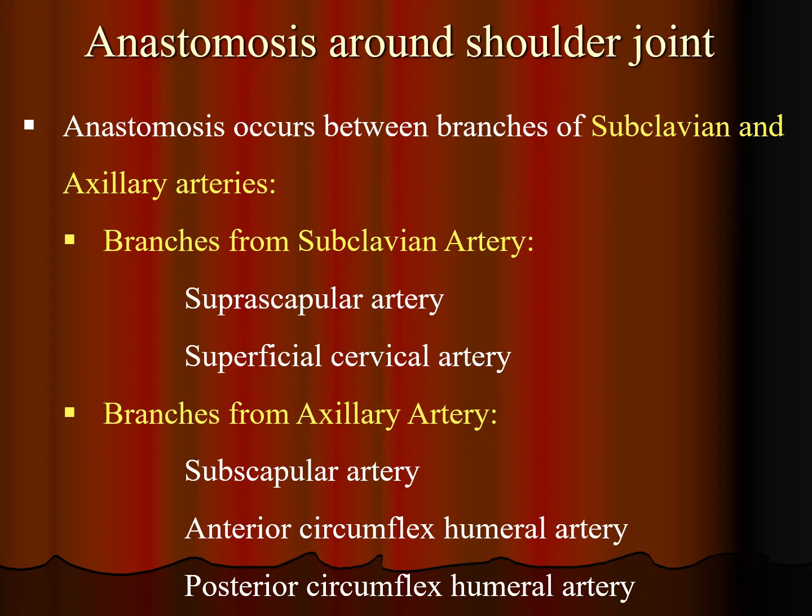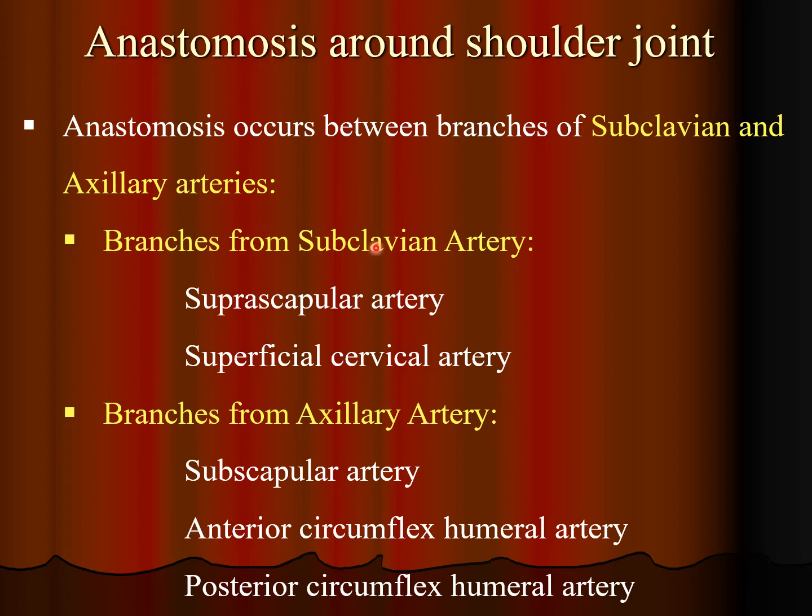So around the joints mainly this type of anastomosis takes place, or in other parts of the body where we need a good supply of blood. We will discuss this in the gastrointestinal tract in detail, and you have already talked about it in the cardiovascular system, where the right and left coronary arteries move at their terminal ends.